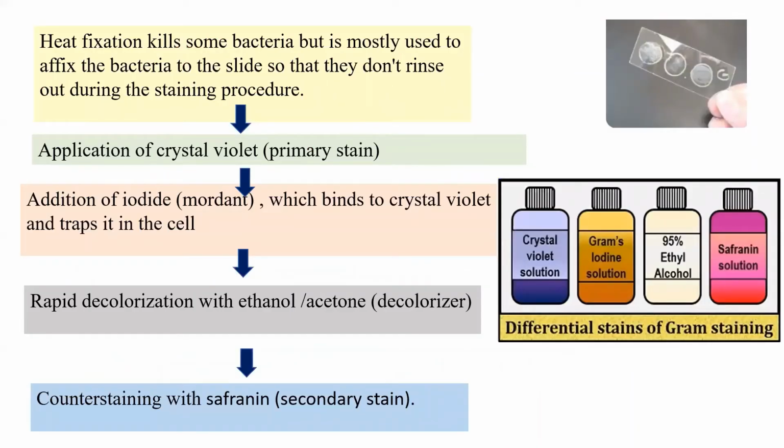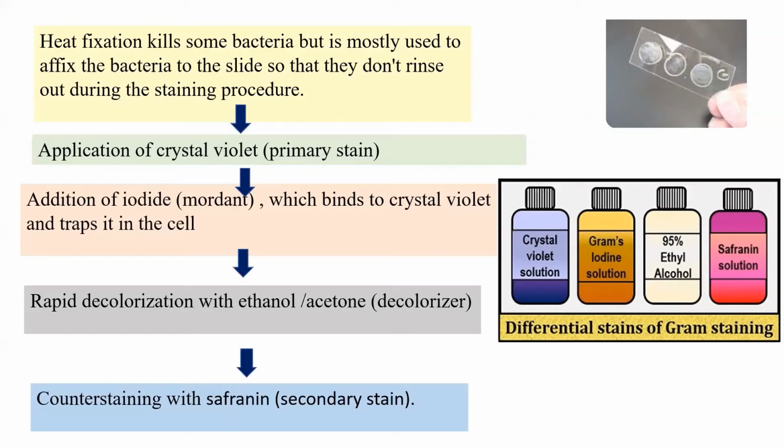Regarding the mechanism of Gram staining, the heat fixation kills some bacteria but is mostly used to affix the bacteria to the slide so that they don't rinse out during the staining procedure. On the fixed smear of the bacteria, application of crystal violet, that is the primary stain, should be done, which should be followed by the addition of iodine, that is a mordant, which binds to crystal violet and traps it in the cell.